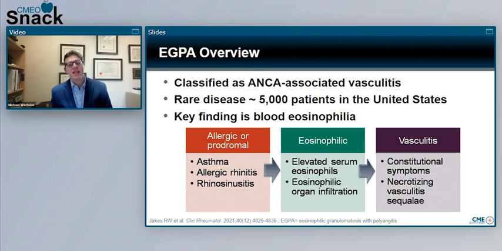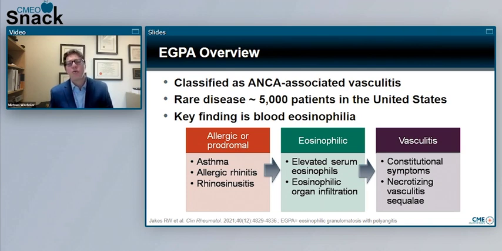EGPA is a disease that's characterized by asthma, chronic rhinosinusitis, elevated eosinophils in the blood, tissue and organ eosinophilic infiltration, with the potential to cause vasculitis and end organ damage with tissue involvement in a variety of different organ systems, including the heart, the lungs, the blood, the GI tract, the kidneys, and a variety of other organs.